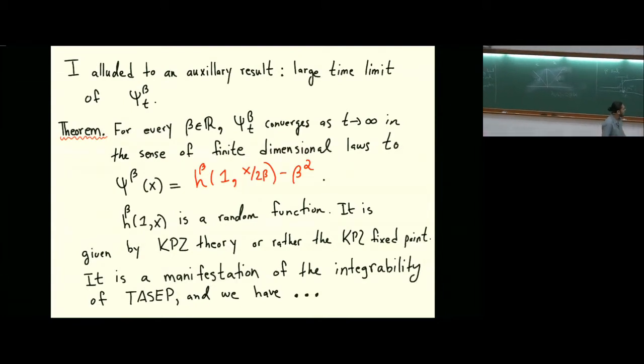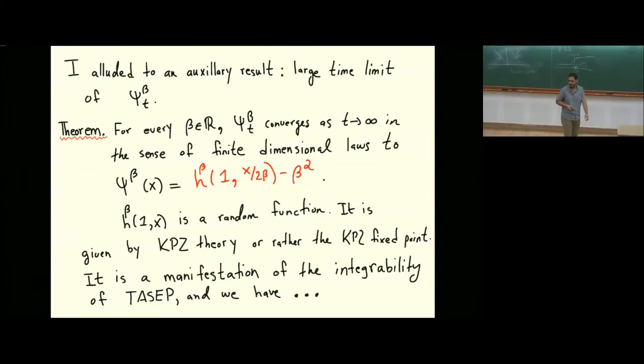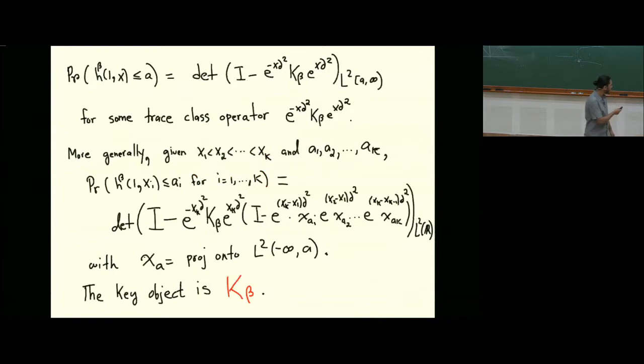They're the same thing. And the point here is that these are manifestations of the integrability of TASEP, namely that these correlation functions are determinantal. To be more precise, what you'll get are formulas for the distribution functions of this h. So this is the 1-point formula. The probability that h at a point x is less than or equal to a is given by the Fredholm determinant of some explicit trace class operator that involves heat kernels and some explicit operator k beta.